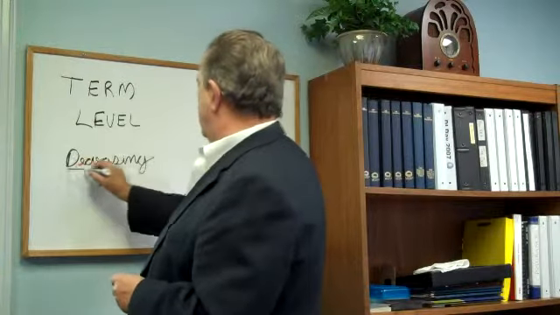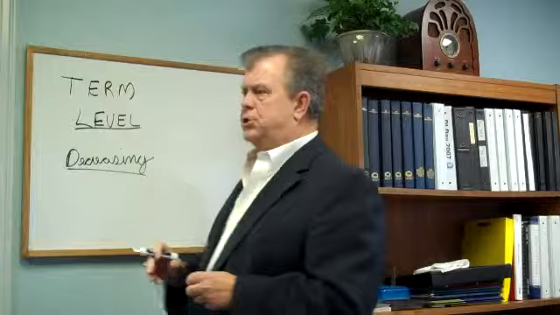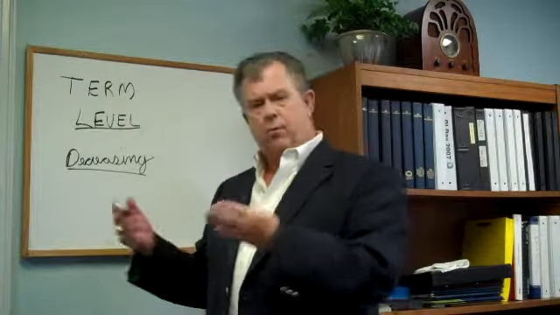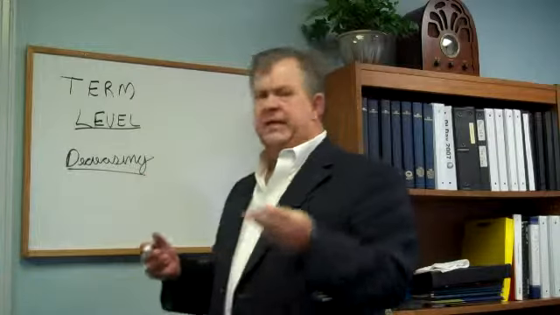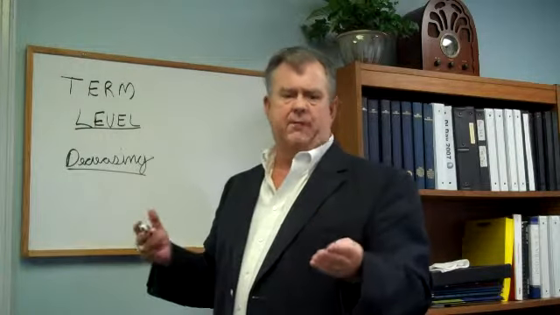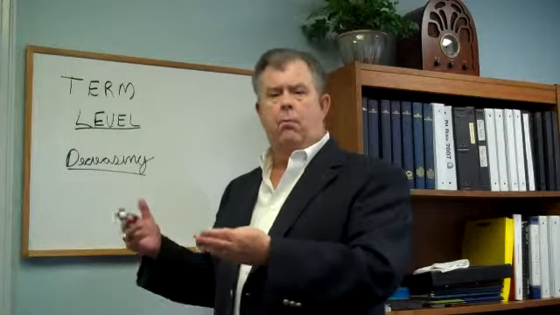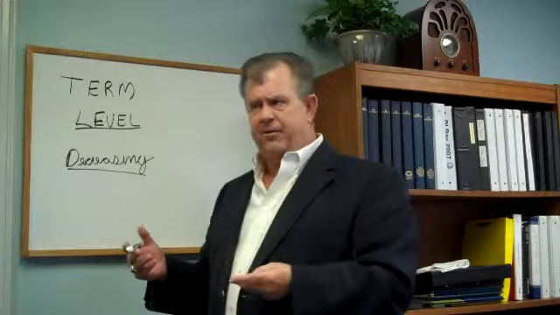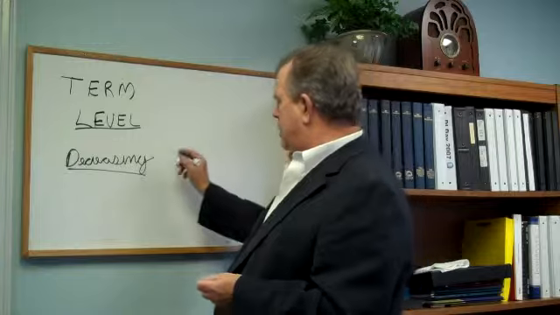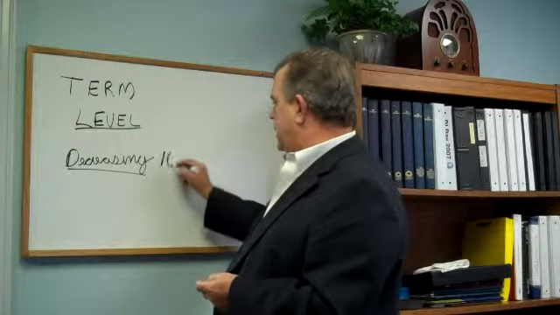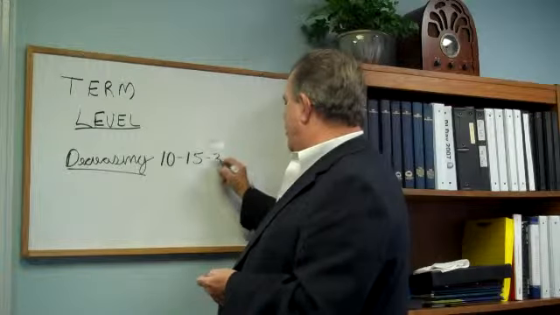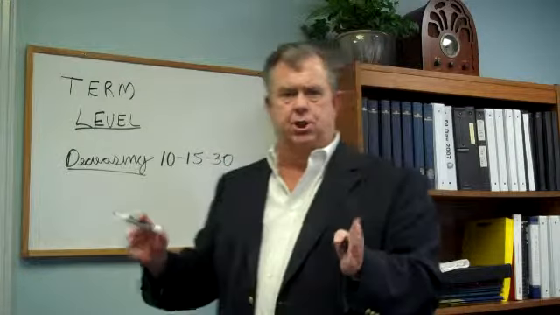Both of them have periods of time for which they run. Example, decreasing insurance is often used as something we call mortgage insurance, to pay the mortgage off in the event of a premature death. So decreasing insurance usually is a 10 or a 15 or a 30-year decreasing insurance.